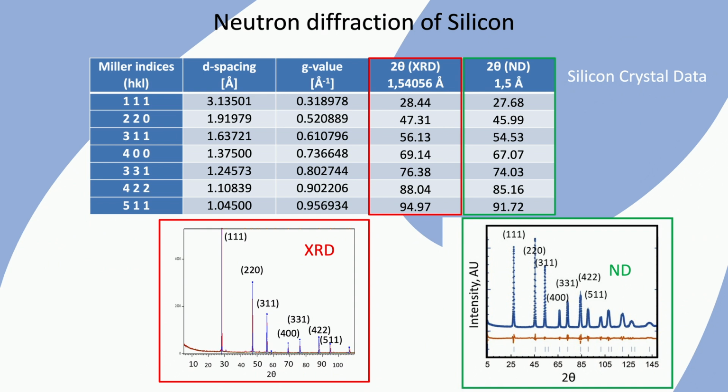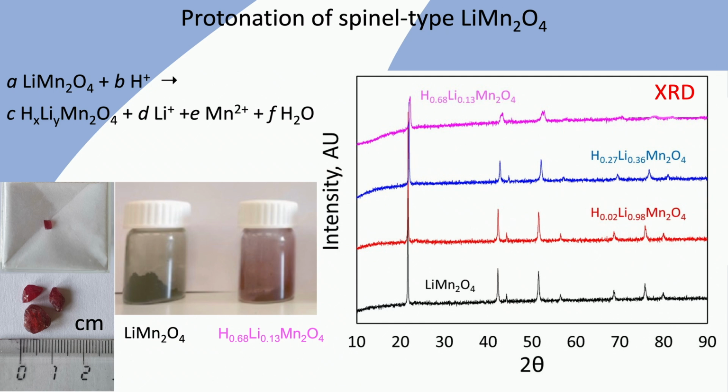Since neutrons can easily pass heavy atoms, neutron diffraction is well suited for analyzing complete cells with metallic casings, as we will see next. Since it is possible to monitor light elements with neutron diffraction, we modified spinel type lithium manganese oxide, a positive electrode material for lithium-ion batteries, with a strong acid to various pH.